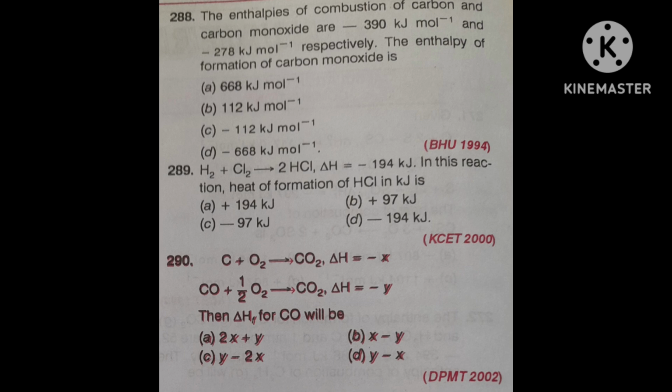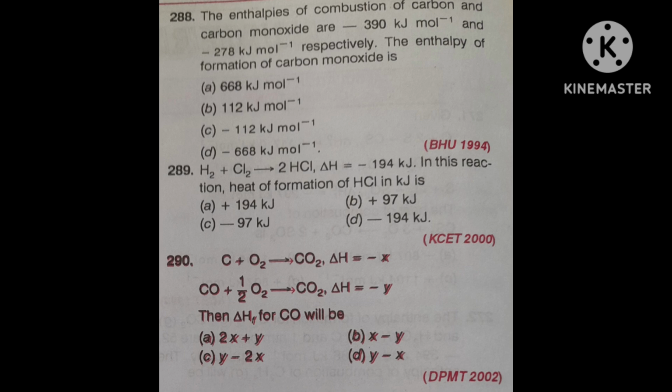It means C plus O2 gives CO2. This is actually combustion, the enthalpy of combustion of carbon, correct? Complete reaction with oxygen, C plus O2 gives CO2. This is the combustion reaction, and its value is given minus 390 kilojoule. This is the first reaction.